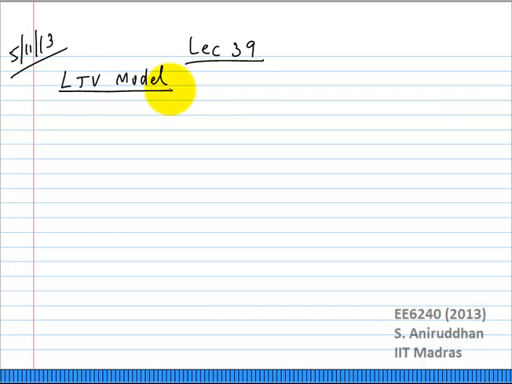We were looking at the LTV model. The phase of the oscillator was 1 over Q max. We normalized it to this Q max number, which is the maximum charge displacement across the tank. And the Cn are the Fourier series coefficients of this impulse sensitivity function.